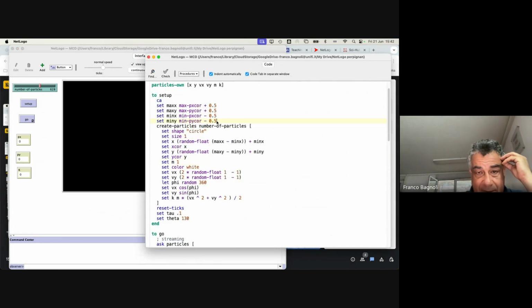But here they're not really used. For the moment, this is just commented. So I generate all particles with the same absolute value of the velocity. It means essentially kinetic energy equal to 1/2, no? Because m is equal to 1.